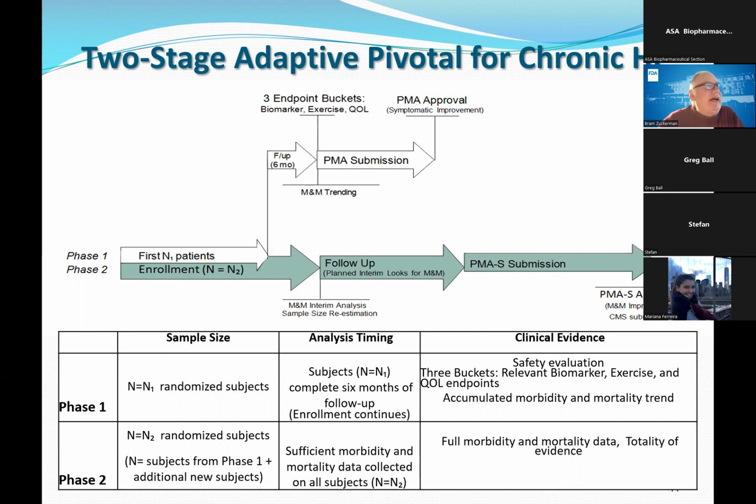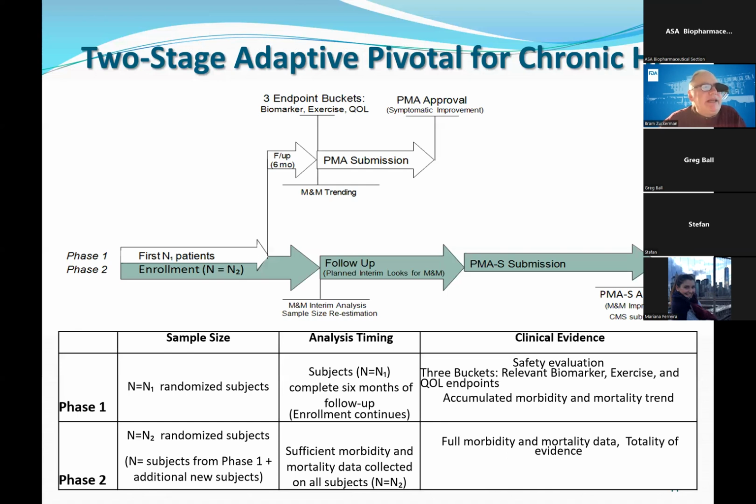So while we have that submission in-house, the sponsor can continue to accrue patients. And this is important because while FDA reviewers are working on the first submission to possibly give the sponsor a label for improvement in patient symptoms and physiology, they're accruing additional patients with an adaptive design.